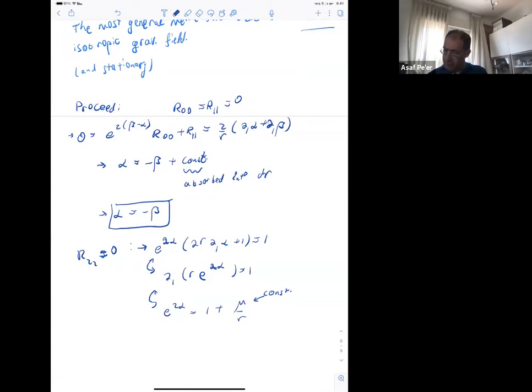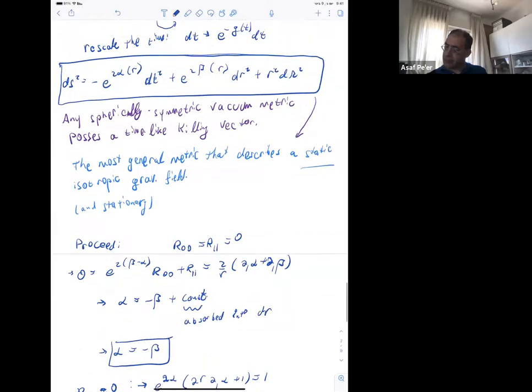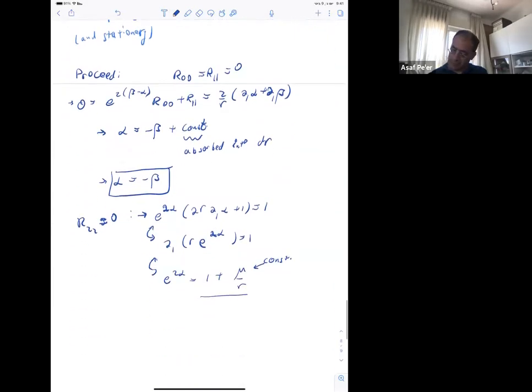So with all that, we got that the metric can now be written as ds squared is minus (1 plus mu over r) dt squared plus (1 plus mu over r) to the minus 1 dr squared plus r squared d omega squared.